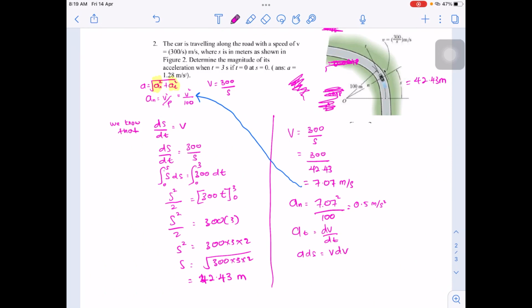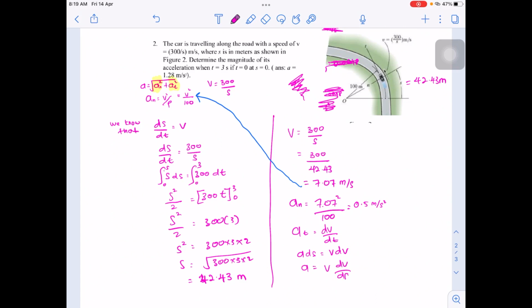So we rearrange, you can dapat A is equal to V dV over ds.